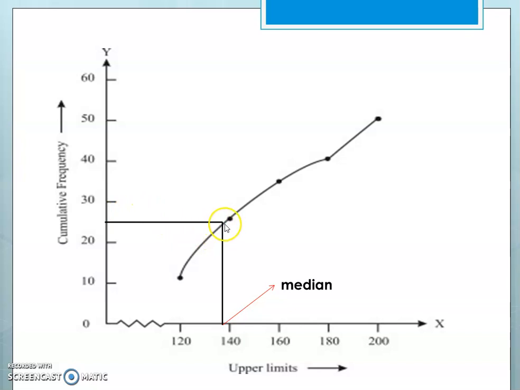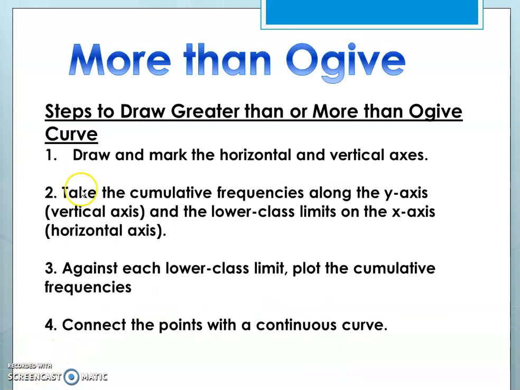This straight line will intersect the curve at a point, and from that point you will draw another straight line parallel to the y-axis, touching the x-axis at a point. This point will give you your median value. So this is how you obtain the median from the less than type curve.